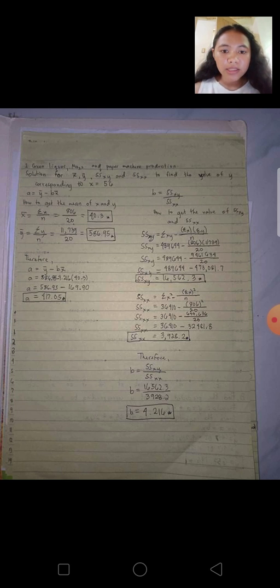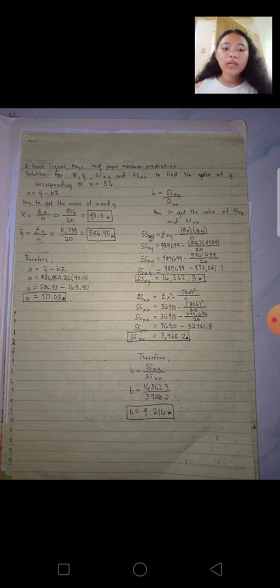Upon multiplying the summation of x and summation of y, we've come up to the 9,461,634 over 20. And then after that, copy lang nato ang given sa summation of xy tapos ang total value sa kuan, which is 473,081.7.